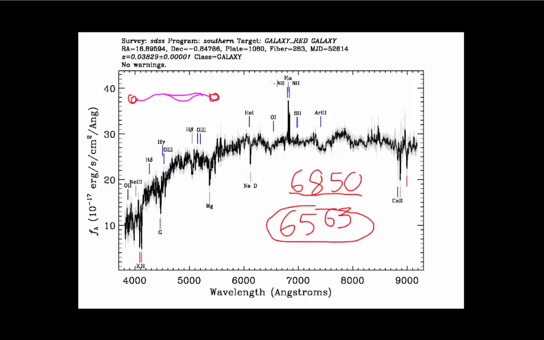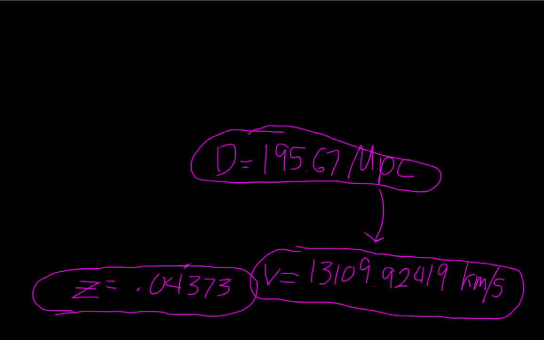And this is a graph of the data that has been collected by scientists in this survey that I told you guys about, and we compared it to the wavelength of hydrogen alpha in this spectrograph, and compared it to what we would expect hydrogen alpha to look like. So we took a look at that, and we derived a z-value from it, and the z-value is going to tell us how much this object has been redshifted.